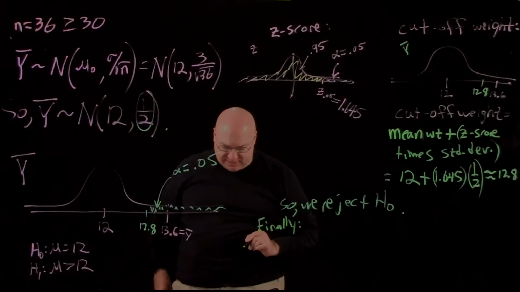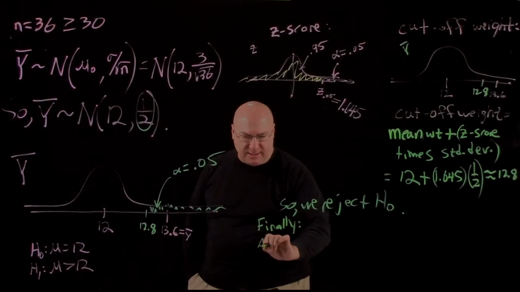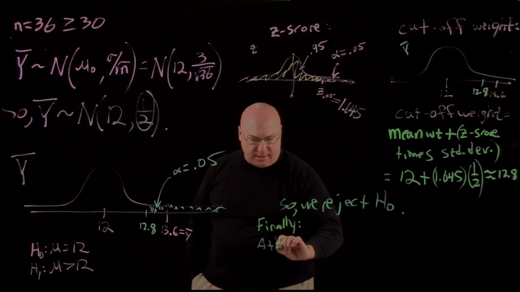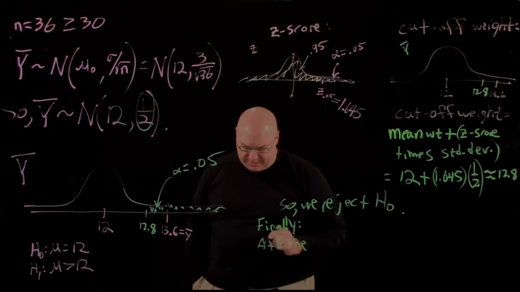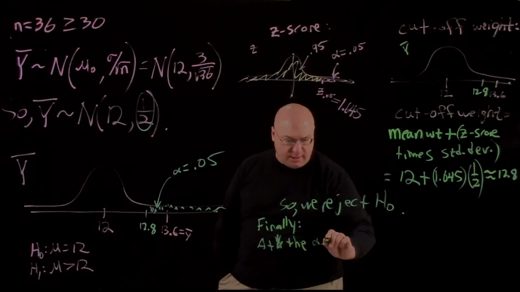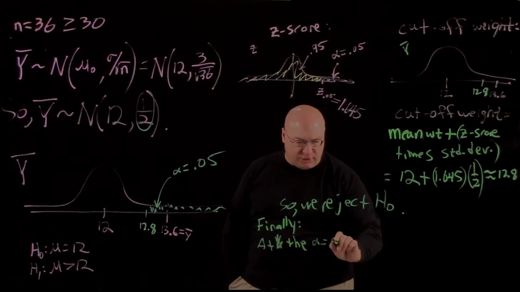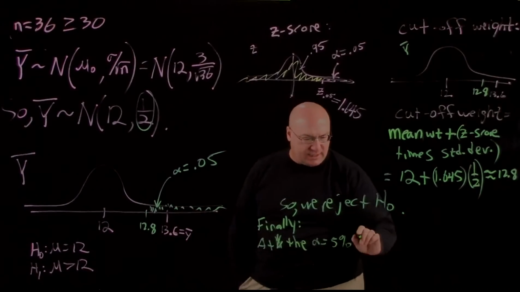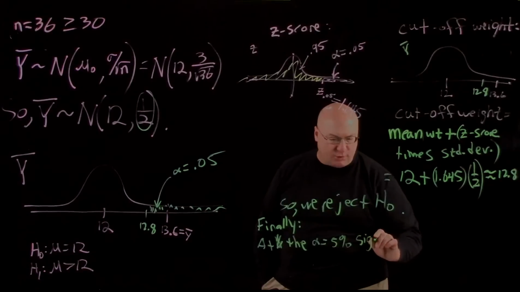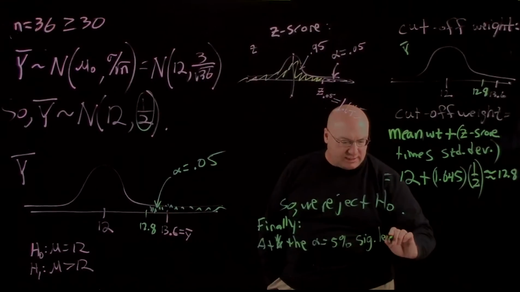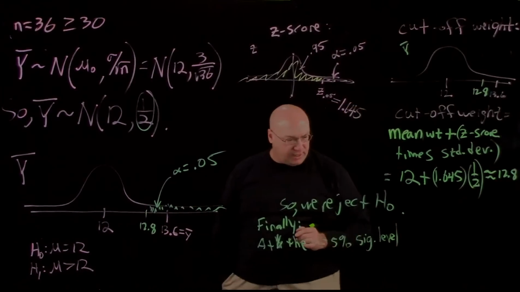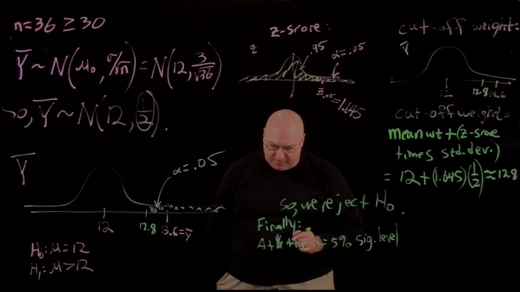All right, you need to have this down. At the alpha equals 0.05, or you can say 5% significance level, and I'm going to abbreviate significance. Please write it out. I'm just abbreviating because I don't want to run out of room here.